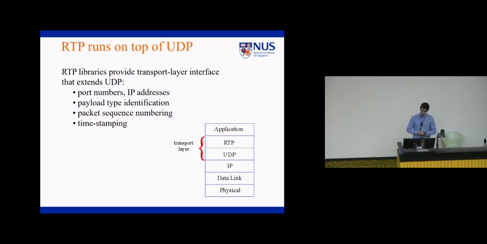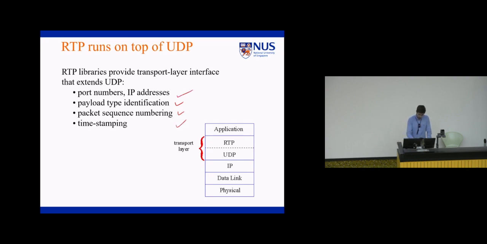So RTP typically runs on top of UDP. Again, why? Because we do not really need retransmissions in conversational video and audio. And RTP provides the transport layer interface that extends UDP with the port numbers and IP addresses, just like HTTP. Also with payload identification, what format of audio and video, packet sequence numbering, and timestamping.